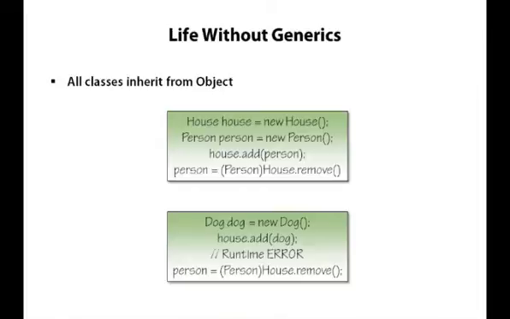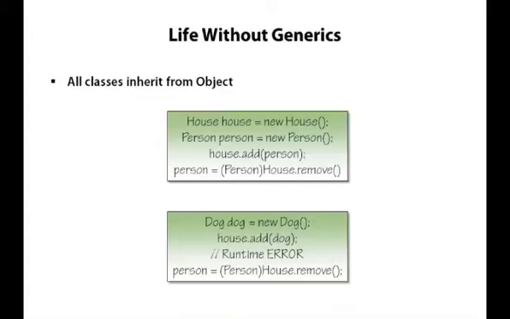Now let's see what happens when we try to add a dog to this house. There's going to be a problem here because we are writing code that assumes you've only added a person to the house. We have to do that because we need some way to get the person out, so we have to explicitly cast that person back out when we do house.remove. So I've created a dog here, I've done house.add(dog), and this isn't a problem.